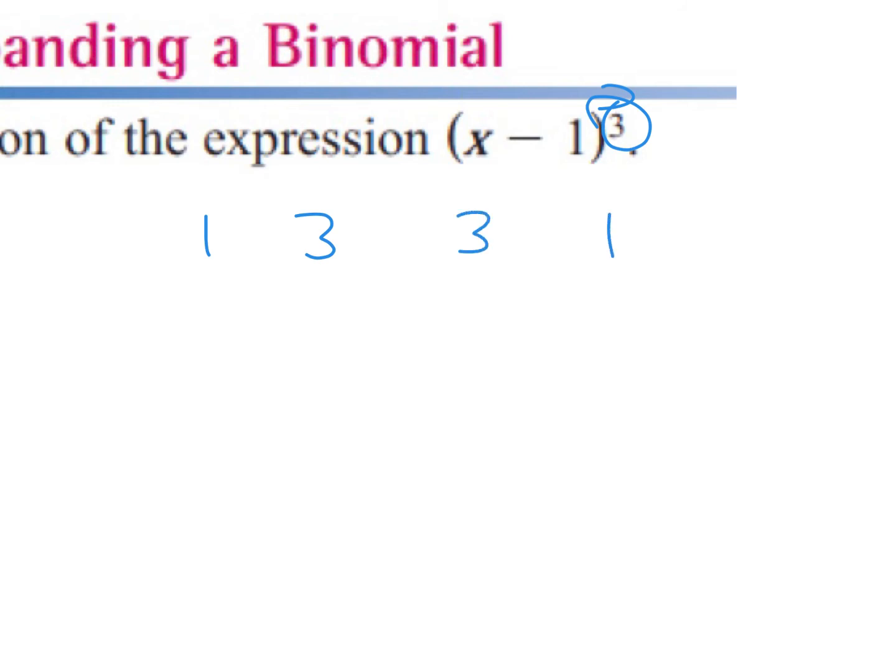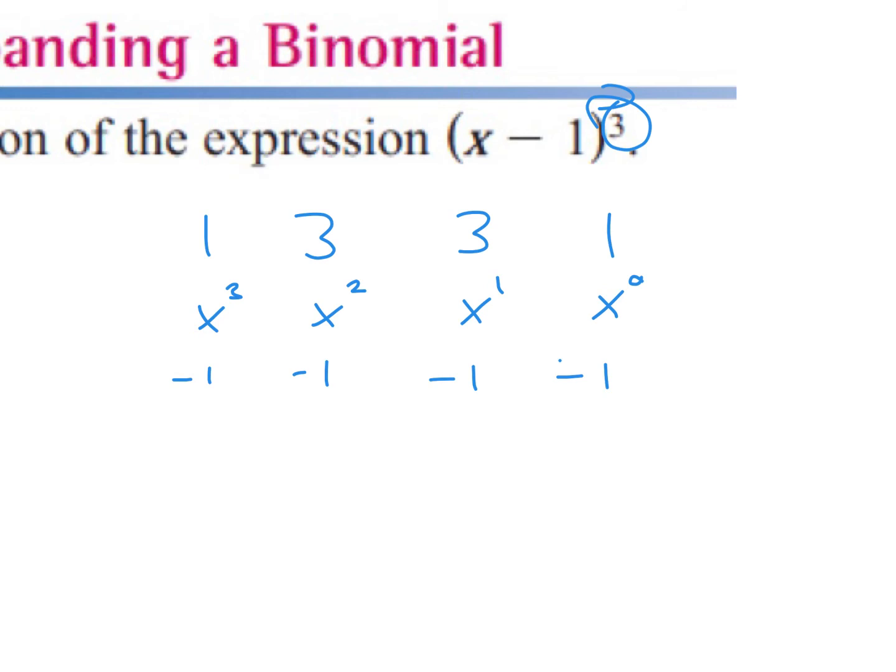Then we have our x term, so x, x, x, and x. We start with x cubed, then squared, then x to the 1st power, then x to the power of 0. What's our second term? Negative 1. So we have negative 1, negative 1, negative 1, negative 1.